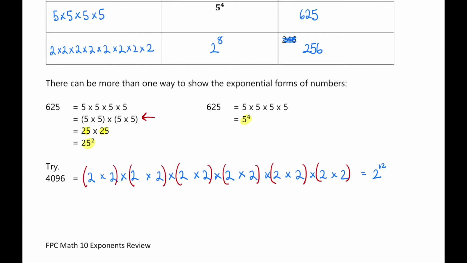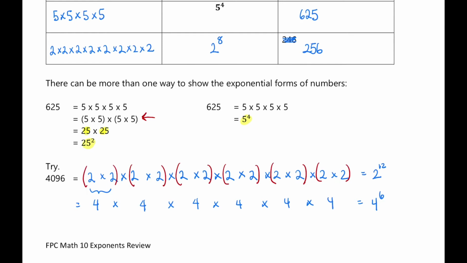So we have 6 groups of 2, a product of 2's. All right, so this is 4 times 4 times 4 times 4 times 4 times 4. And this is equivalent to 4 to the power of 6.